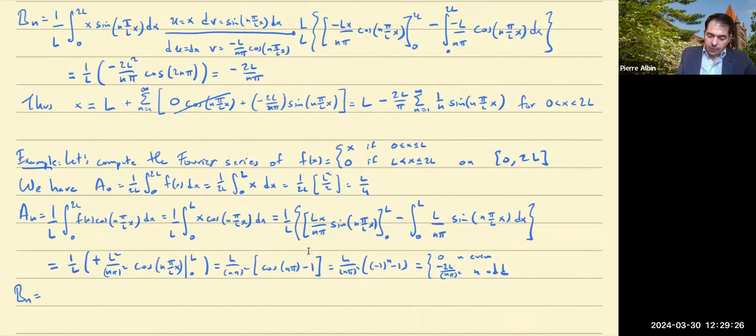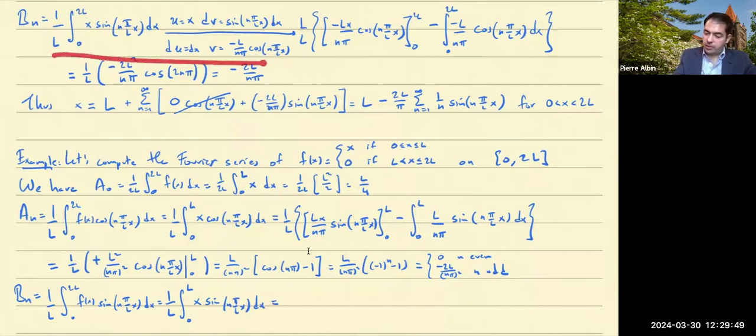Okay, Bn is 1 over L, integral from 0 to 2L, f of x sine n pi over L x dx, which is 1 over L, integral from 0 to L of x sine n pi over L x dx. So we integrate by parts, but again, it's the same integration by parts we did up here, except that our endpoints are 0 and L instead of 0 and 2L.